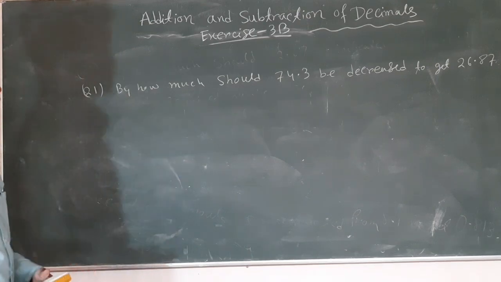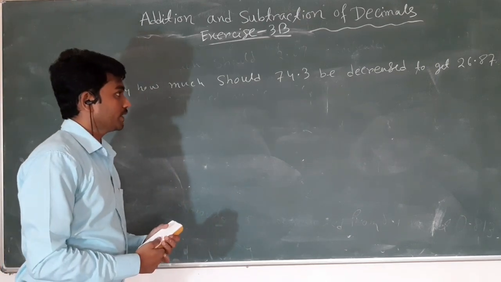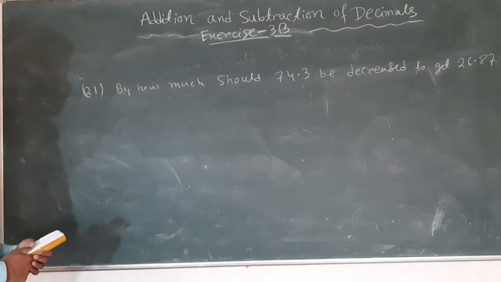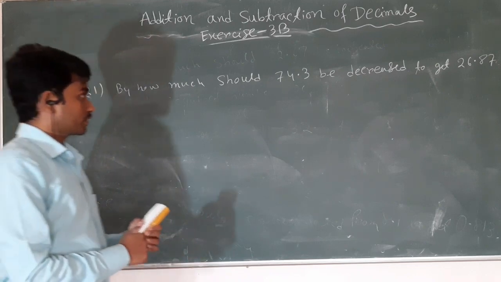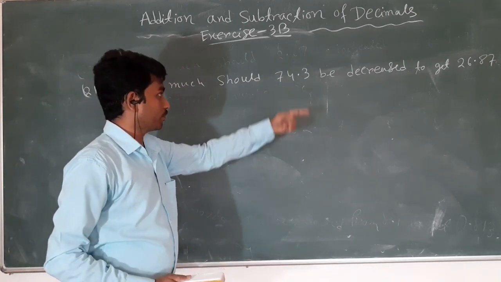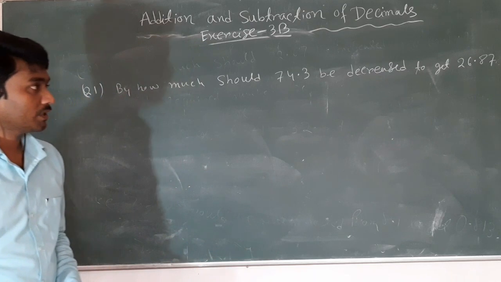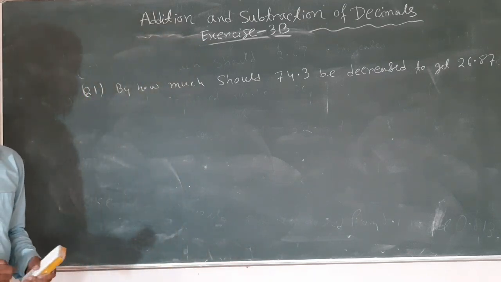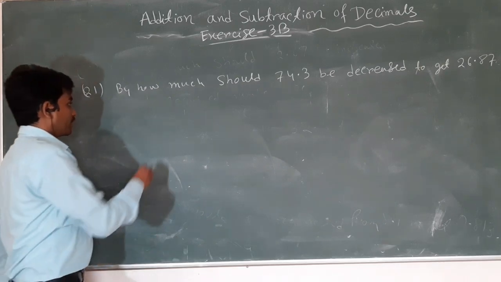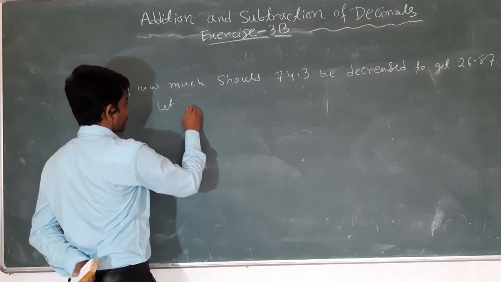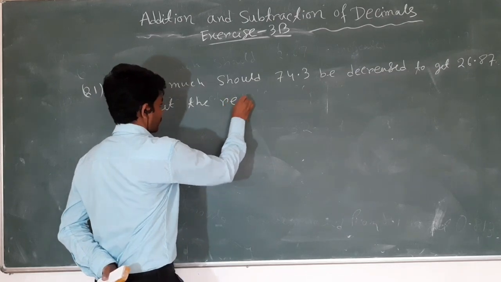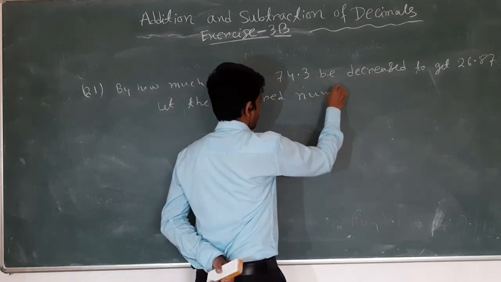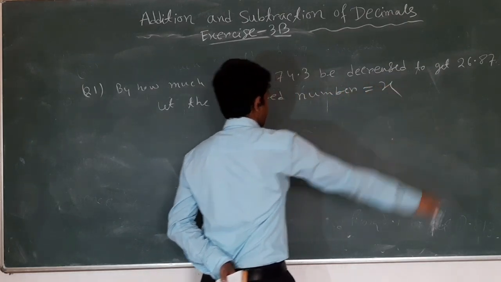By how much should 74.3 be decreased to get 26.87? That means we have to subtract a number from 74.3 to get 26.87. So what is the number? Let the required number be x.